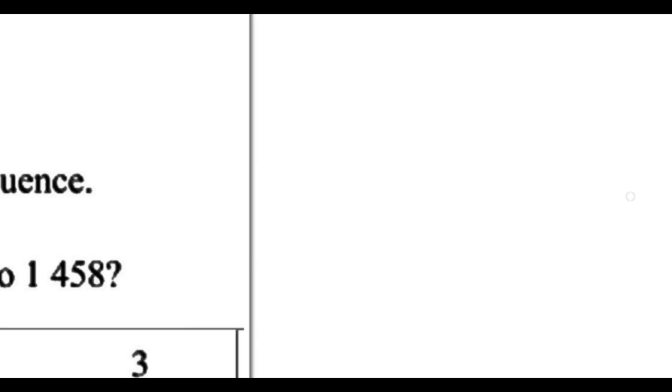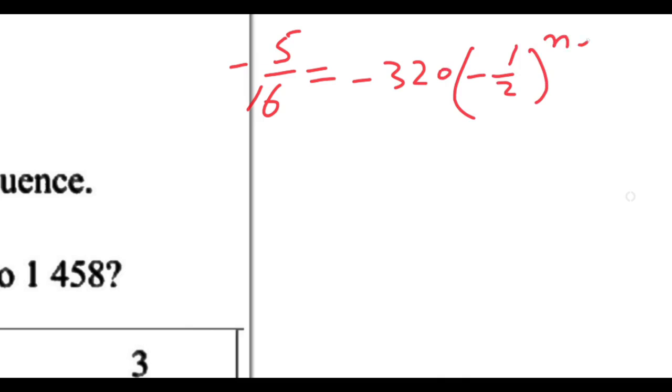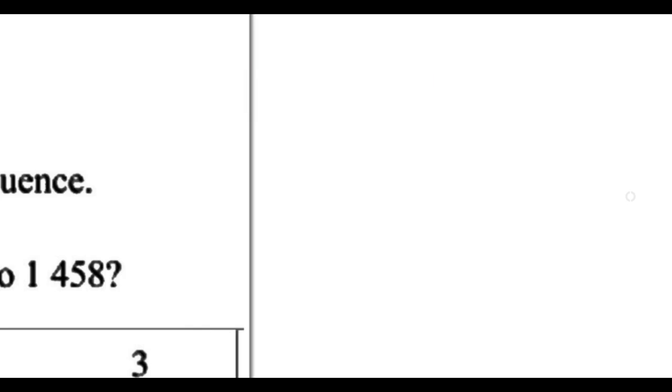Set Tk equal to negative 5 over 16. The formula says negative 320 times negative 1 over 2, which is r, to the power n minus 1. In place of n, I'm going to put k now. So Tk is equal to negative 5 over 16, and we need to find the value of k.